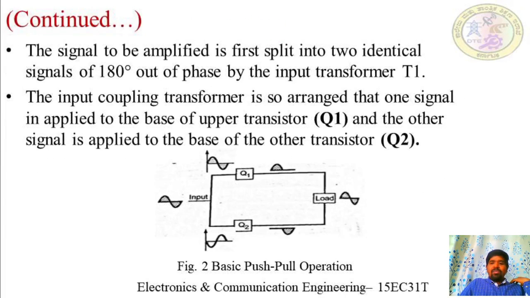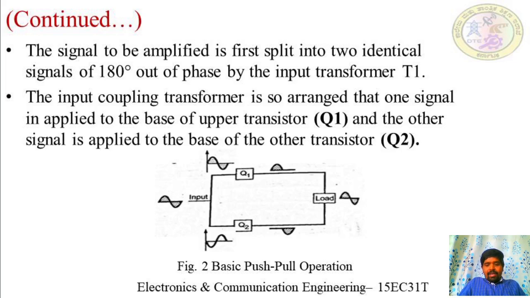First, the signal to be amplified is applied to the primary winding of the input transformer. The signal is split into two identical signals with 180 degree phase difference by transformer T1. This input signal is split into two 180 degree phase-shifted signals by this center tap transformer, and they are applied to the base terminals of transistors Q1 and Q2.